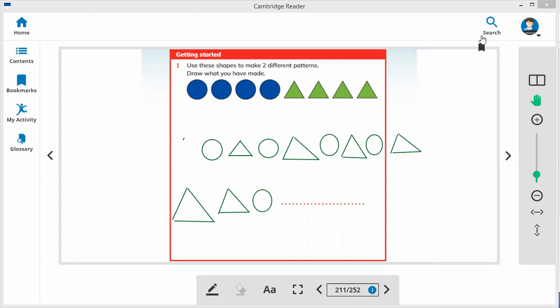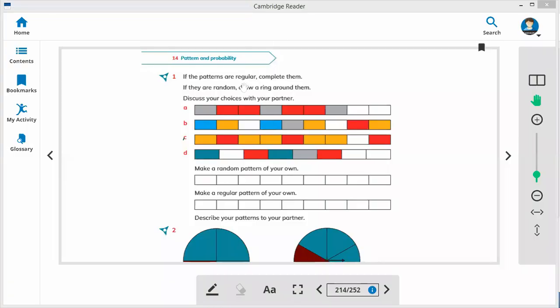Okay, let's move on to, you will use colors to complete the pattern. Here is A, B, C, and D. Let's discuss the first one. So first, the rectangle, we have gray, and then after gray, we have two red. Gray, and then two red, and then we have gray.